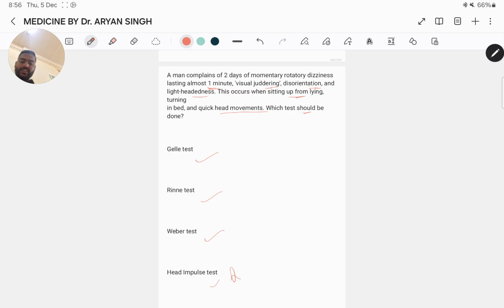The best answer is the head impulse test because here the patient is experiencing visual juddering, lightheadedness when sitting up and turning his head, the picture of vertigo and mainly benign paroxysmal positional vertigo. The head impulse test is a bedside technique for the diagnosis of reduced vestibular function.